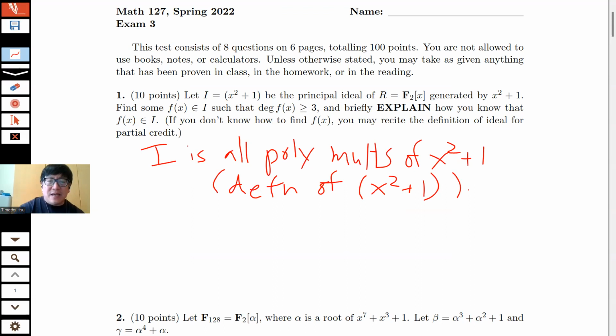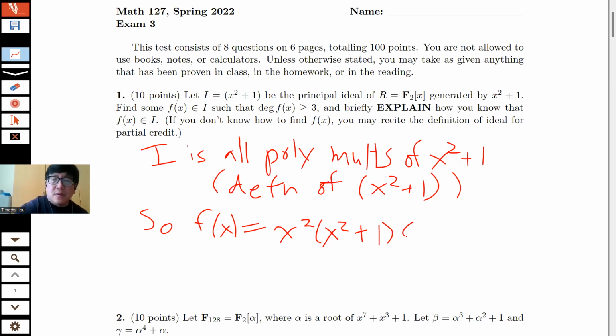And so since I is a principal ideal generated by x squared plus 1, any multiple of x squared plus 1 is in I. So if I take x squared times x squared plus 1, that's in I. So f(x) equals x to the fourth plus x squared is an adequate answer.